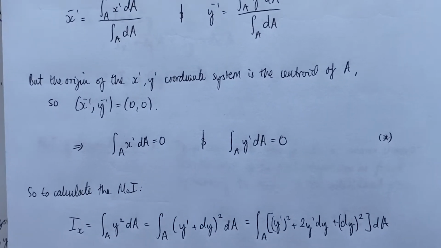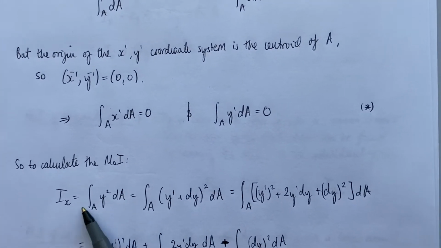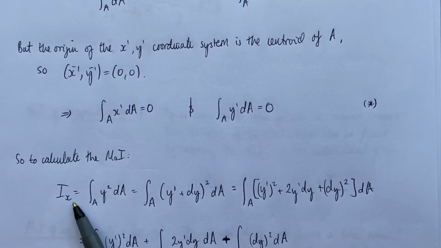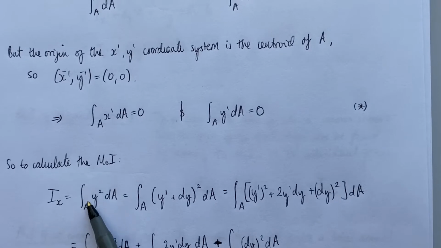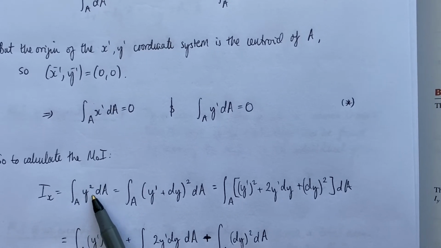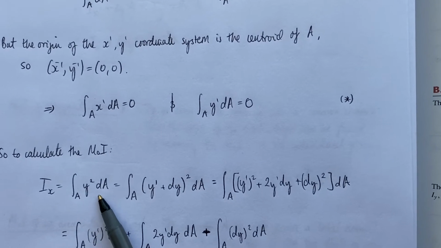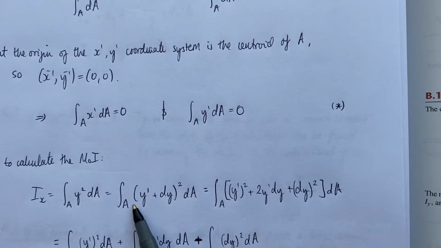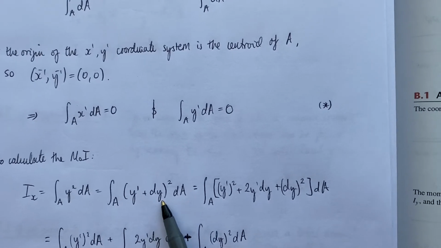To calculate the moments of inertia, this is just the formula from last class. To find the moment of inertia about the x-axis, we take the integral over A of y squared. But now what I've done to y is shift it by this distance dy.